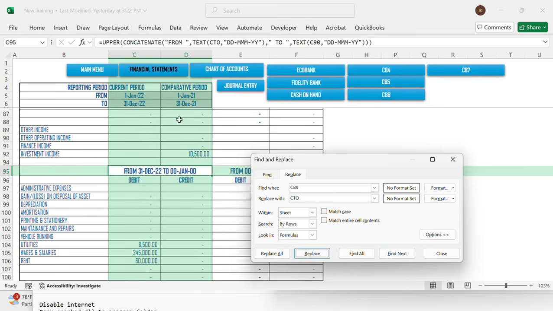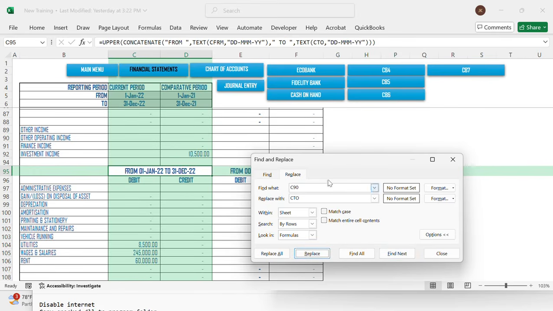Oh no, I think I've turned it the other way around. C89 should rather be C from, please. And C90, C2.